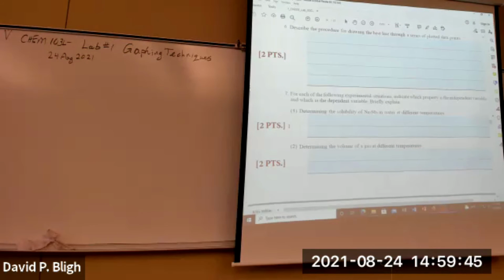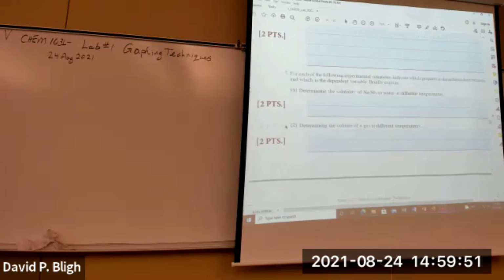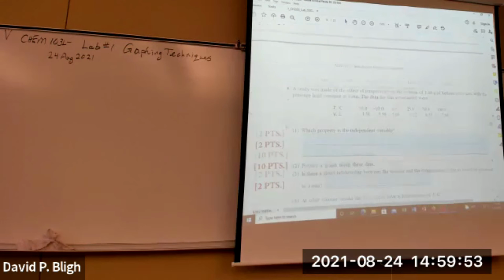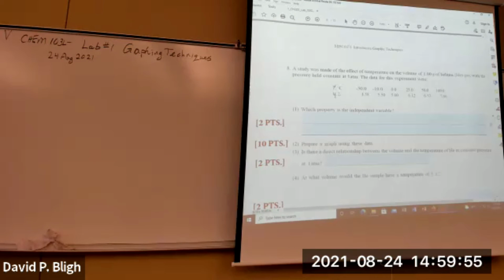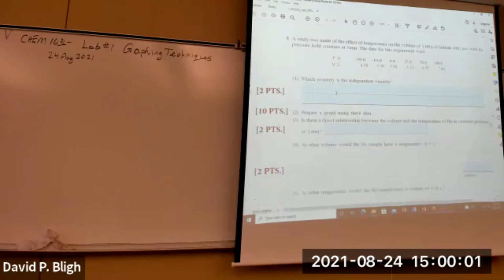All right, this section determines whether you understand the difference between dependent and independent variables. This is a plot of volume and temperature. That's another gas law. That's Charles' law. And actually, as you increase the temperature, what happens to the volume of the gas? It increases, right? So they're directly related.